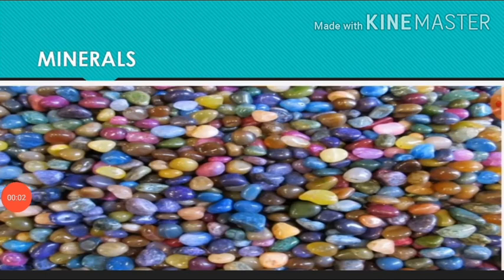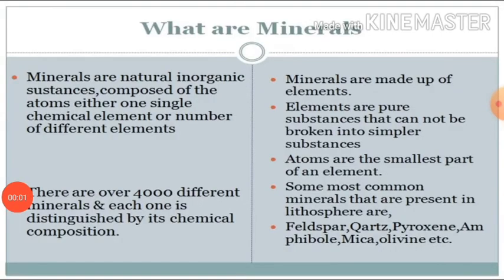Now we will revise one time about minerals. The elements in the Earth's crust are rarely found exclusively but are usually combined with other elements to make various substances. These substances are recognized as minerals. Now we will do it in table form.